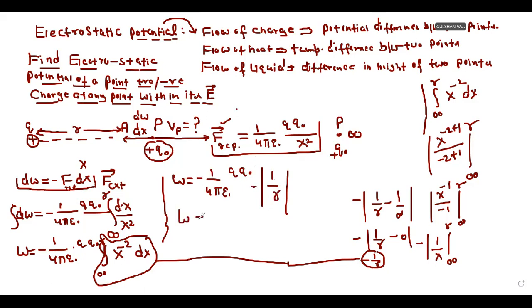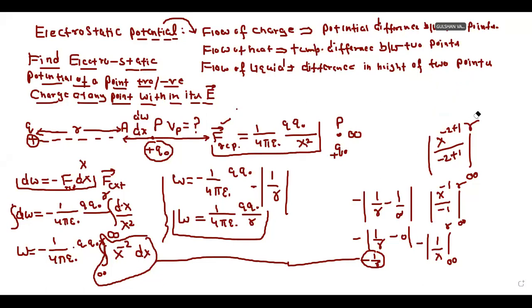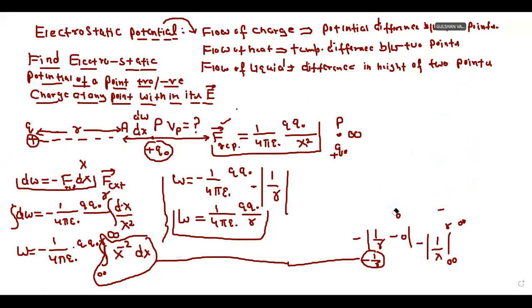So W is equal to 1 upon 4 pi epsilon naught, q naught divided by R. This is the work done in moving a test charge from infinity to a distance R.